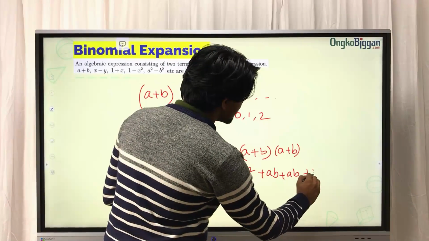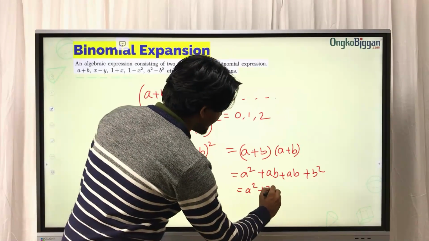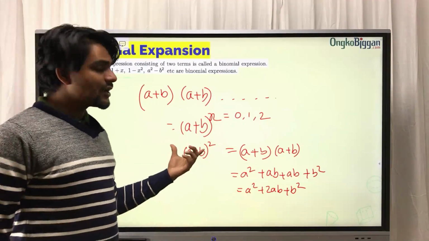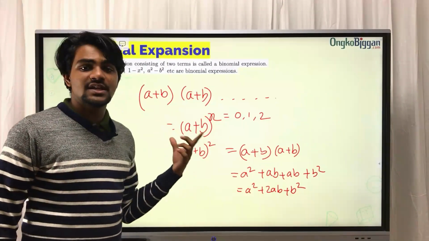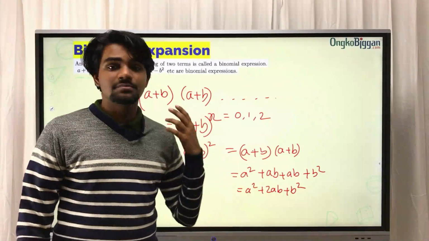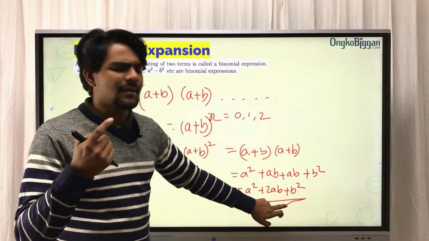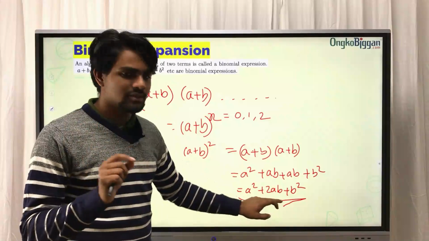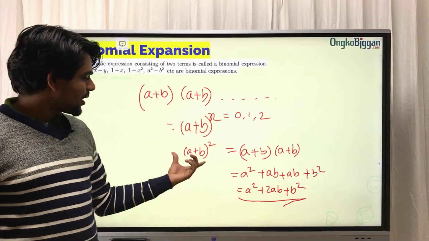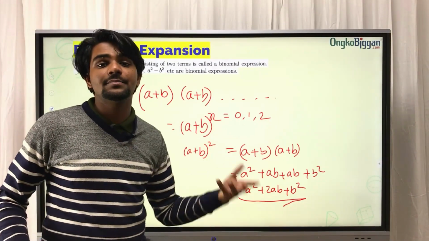Then b into b is b square. So it can be written as a square plus 2ab plus b square. We have expanded a plus b whole square into a larger form, a square plus 2ab plus b square.